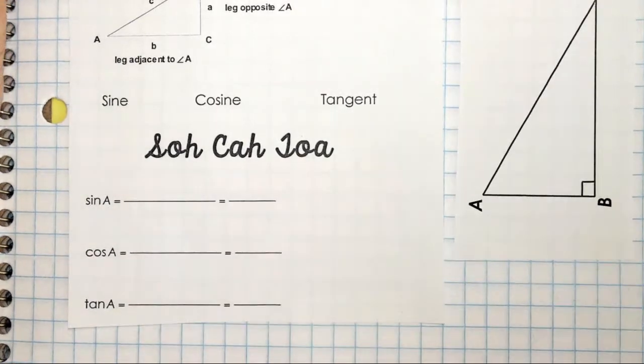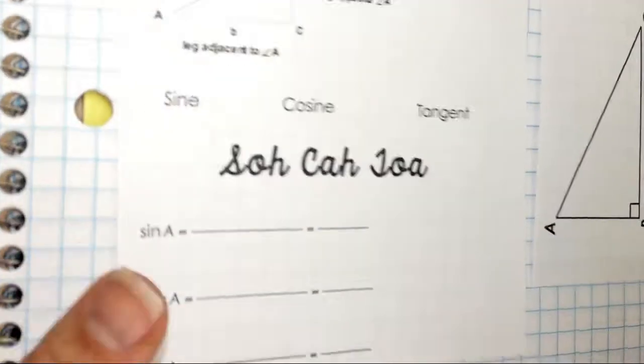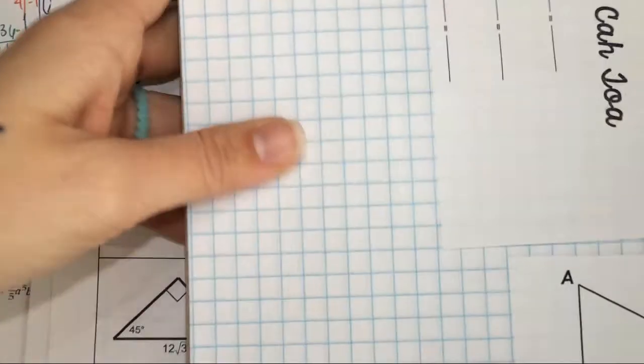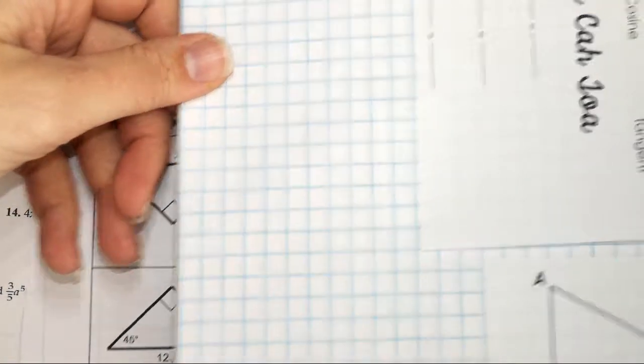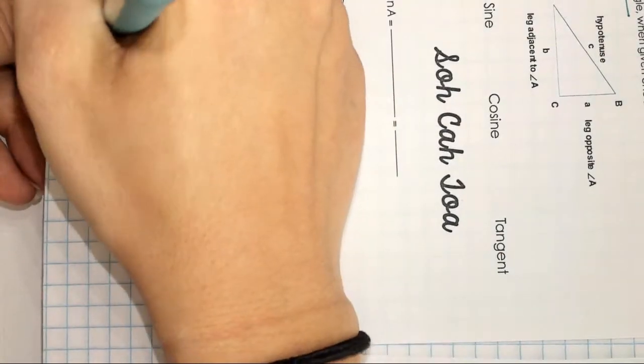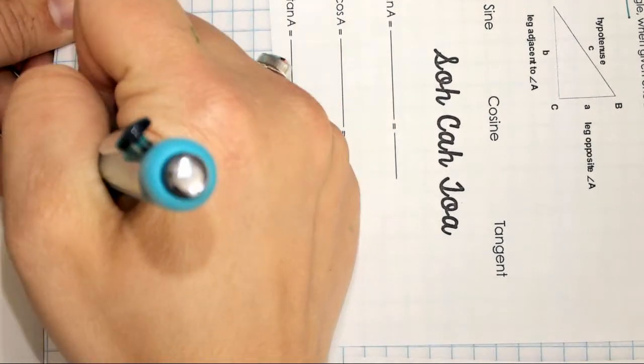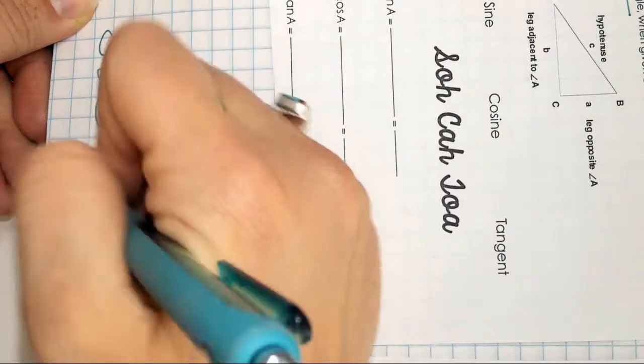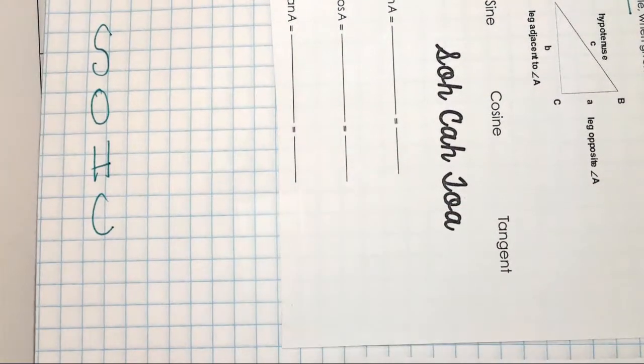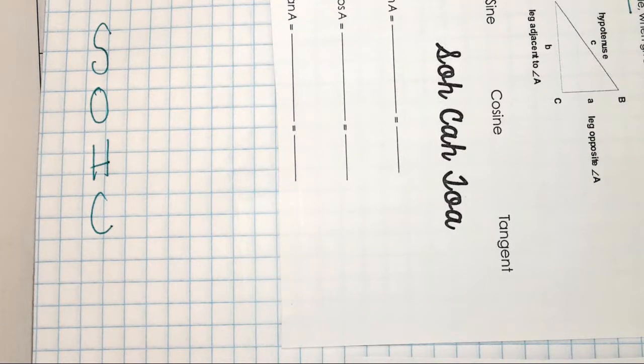And it is an abbreviation called SOHCAHTOA. Please write this abbreviation, or this acronym, on your paper. SOH, CAH, TOA. I don't care where you write it. Write it in your notebook.